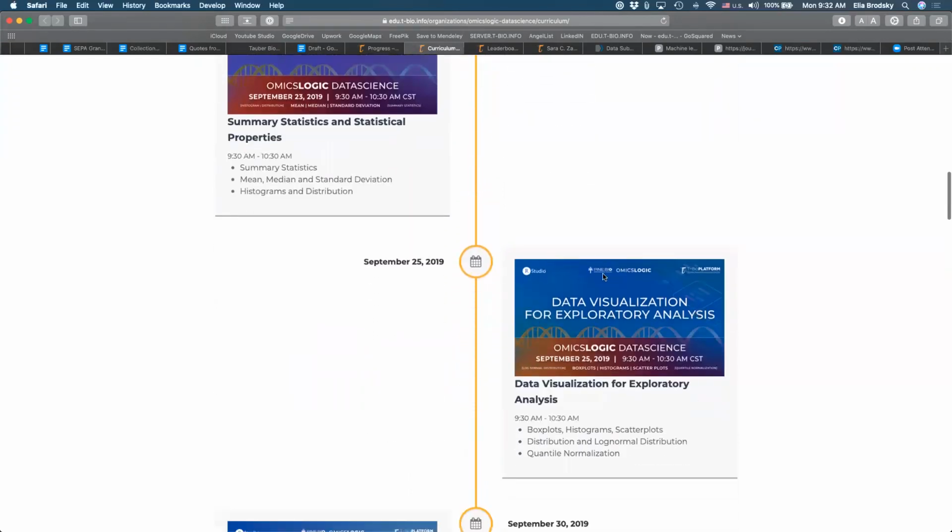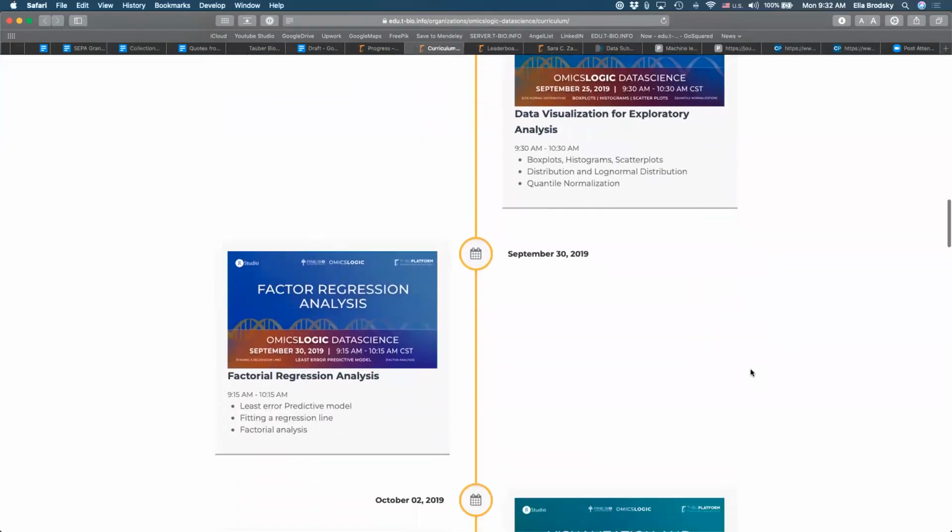We continue to explore how exploratory data analysis can help us make sure that we're not looking at artifacts, and make sure that some of the downstream steps are going to work well on our data, including quantile normalization, log normal distribution, and things like that.